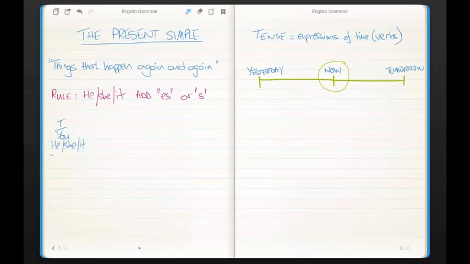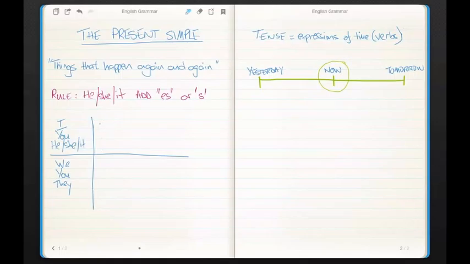And I'm going to draw a line here, and then I'm going to write the fourth, which is we, and then the fifth, which is you, and then the final one, which is they. And the reason I drew the line here is the ones above the line, I, you, he, she, or it, are all singular. And the ones below the line, we, you, or they, are all plural. So you'll understand what I mean now.